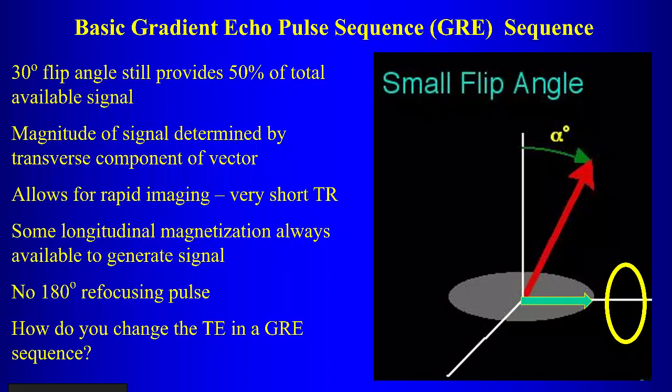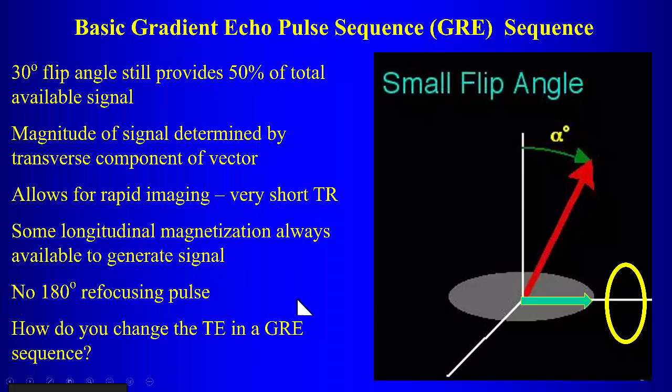How long does that patient have to sit still in the magnet for any given pulse sequence until you have an image? Most of that's going to be determined by the TR. So gradient echo sequences allow for very rapid imaging, very short TRs. Some longitudinal magnetization is always available to generate signal.